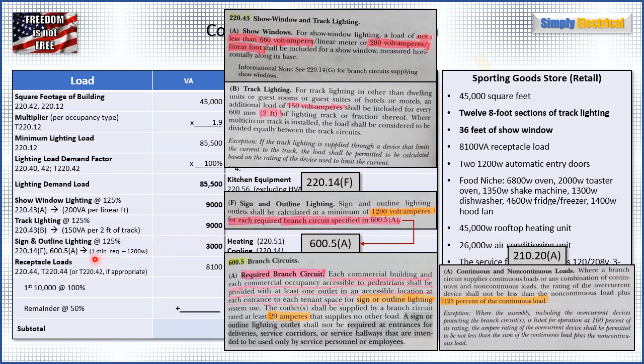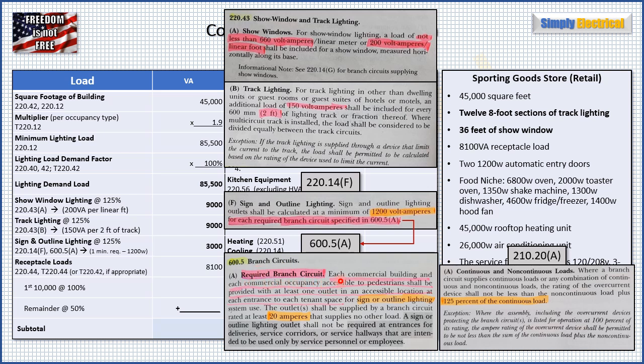Okay, next is sign and outline lighting. 220.14(F) tells us sign and outline lighting outlets shall be calculated at a minimum of 1,200 VA for each required branch circuit specified in 600.5(A). All right, well, 600.5(A) here says required branch circuit.